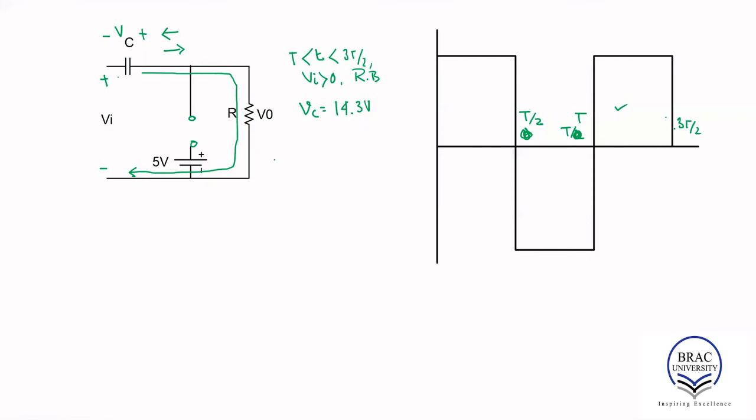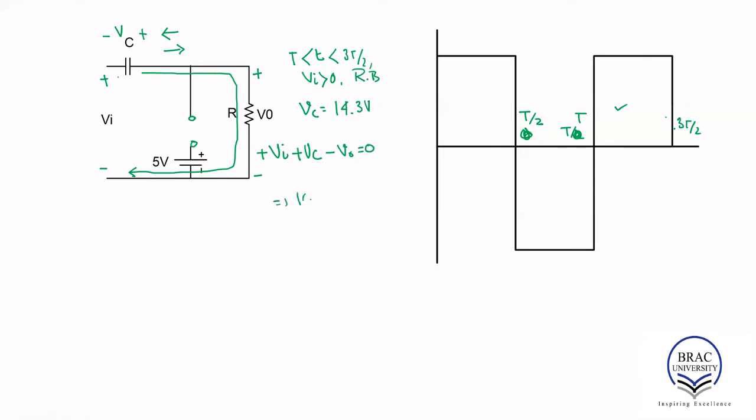Now I want to determine V naught when the diode is off. For that, we are going to apply KVL. So plus Vi plus Vc, assuming that it is positive, minus V naught is equal to 0.